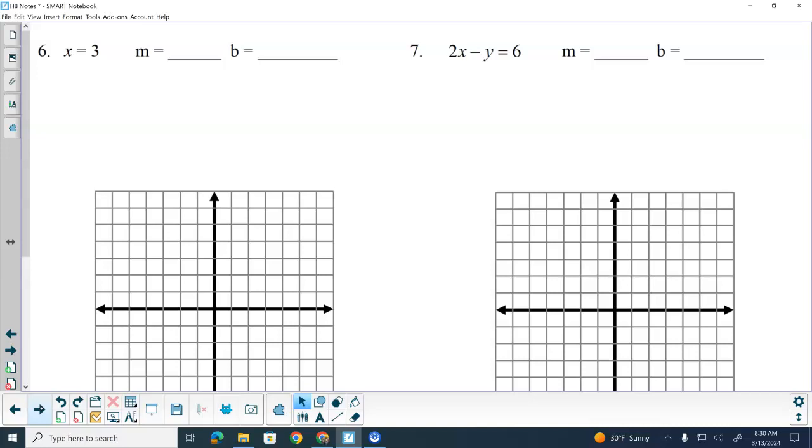What do I do first in number 7? Subtract 2x from both sides? Okay. Now, Dylan, I know you didn't forget that negative sign right in front of the line because it's right there, right?